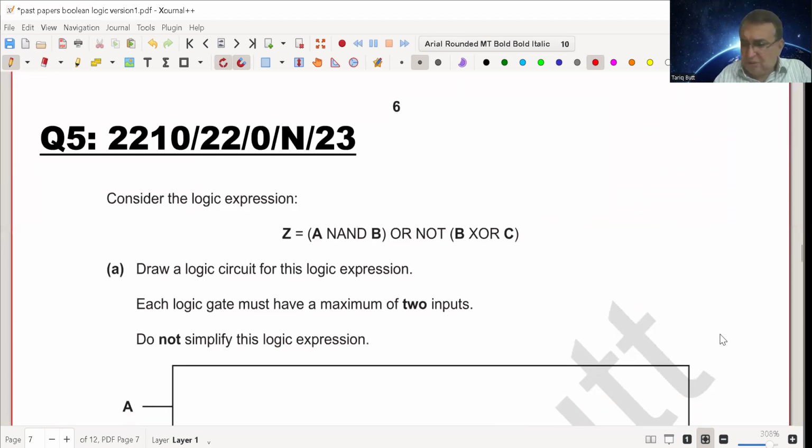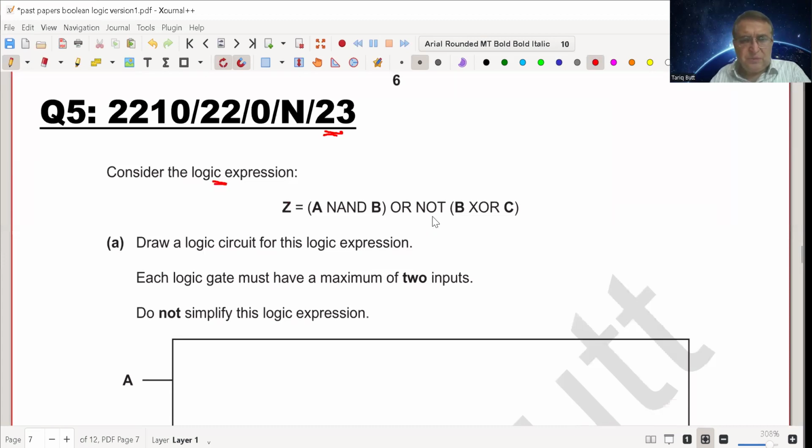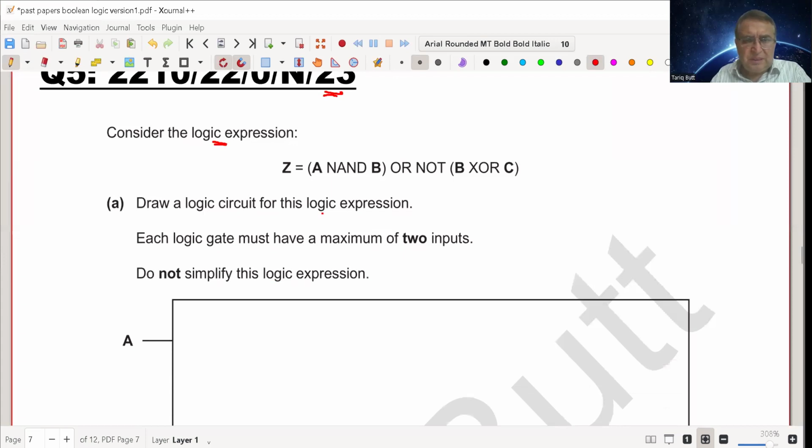Let's see another question. Year 2023. And here some logic expression is given to you. First of all, you're asked to draw the logic circuit for this logic expression. It is given that each logic gate must have a maximum of 2 inputs.